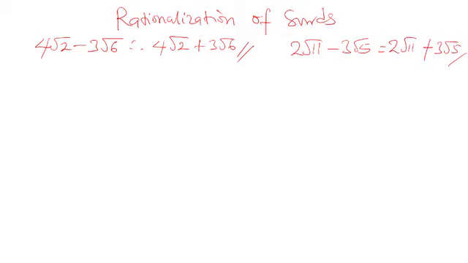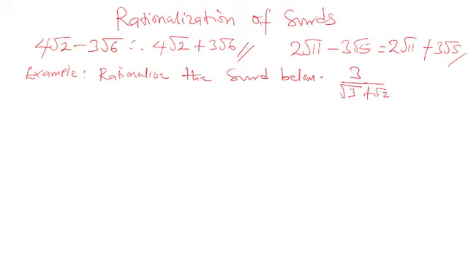Now when you want to rationalize a surd, you multiply by the conjugate. Example: rationalize the surd below. Now this is a surd. If you want to rationalize this, just multiply both sides by the conjugate of this, and that's all.